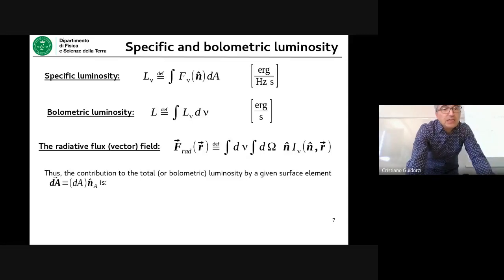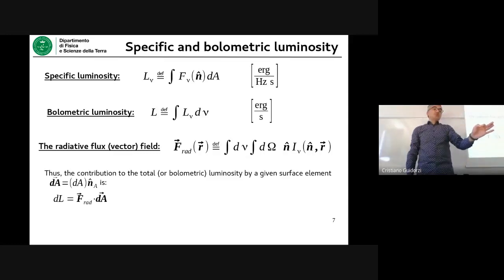If we define, for example, an elementary vector, which is just the surface element times n_A, the unit vector of that surface element, we are going to prove that the elementary contribution to luminosity coming out of a given surface element can be seen as the scalar product between the newly defined radiative flux vector and the elementary vector of the surface area that I'm thinking of.